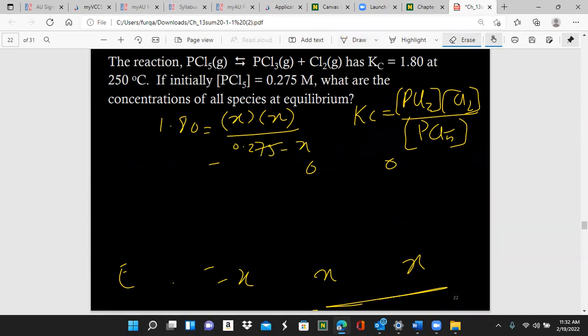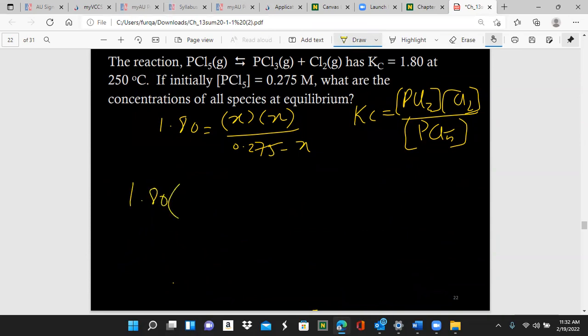Right now, I'm going to rearrange this equation a little bit. I'm going to say 1.80 times 0.275 minus x is going to be equal to x squared.